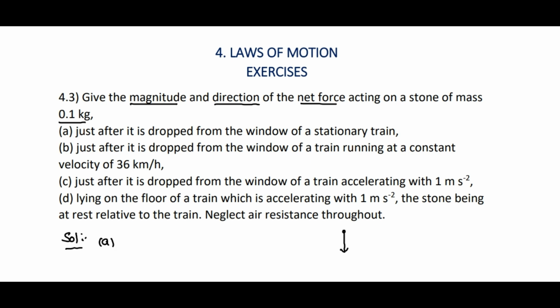It will experience only the gravitational force. So, the net force acting on it is equal to mg, which is 0.1 into 10, taking g as 10, that is 1 Newton. It acts vertically downwards.